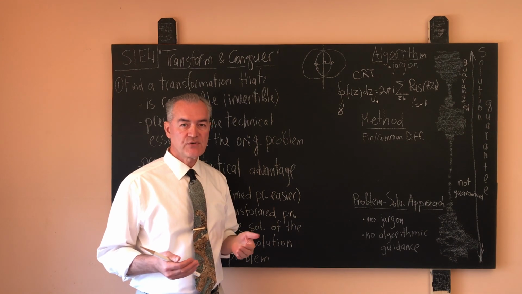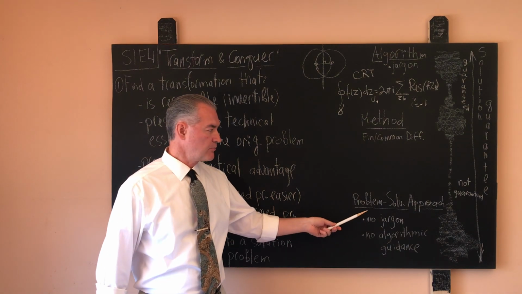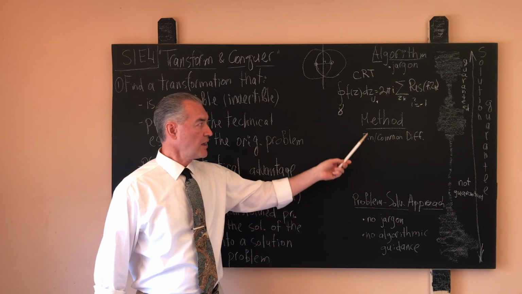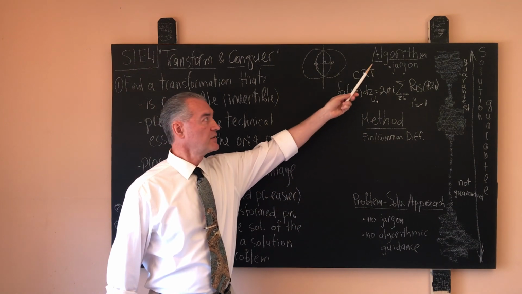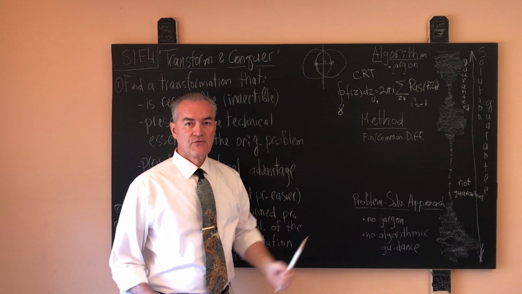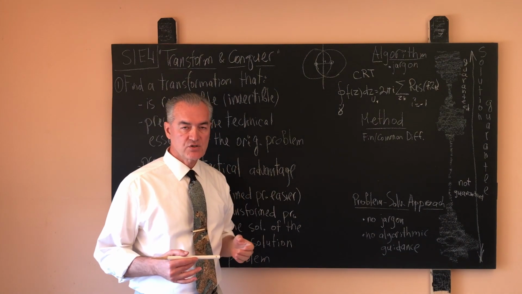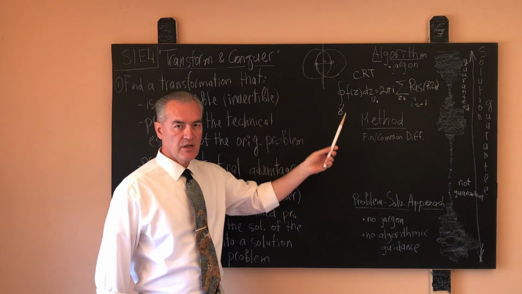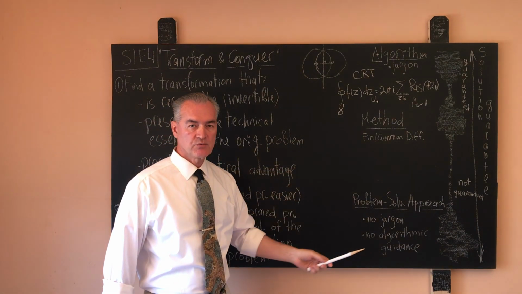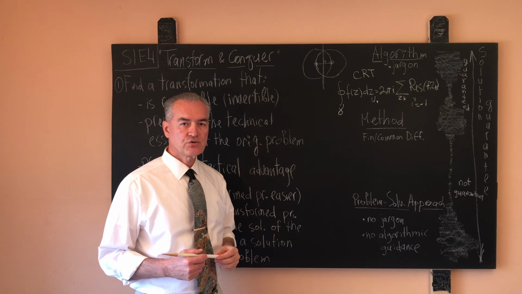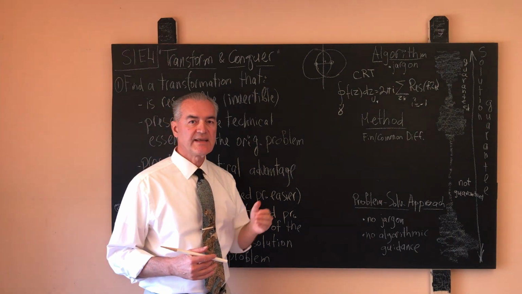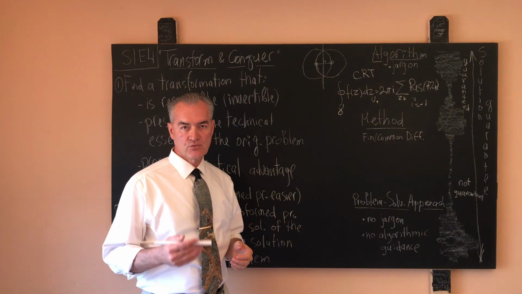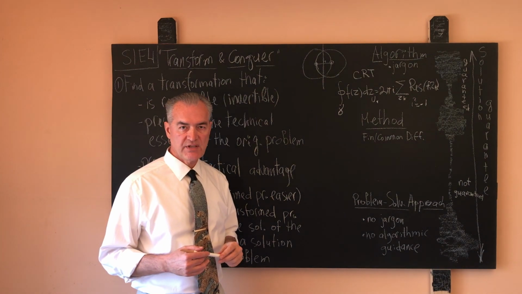So what is the difference across a problem-solving approach, a method, and an algorithm? Fundamentally, or essentially, the difference between an algorithm and a method and a problem-solving approach amounts to the quality of the guarantee of a solution of a particular problem at hand.